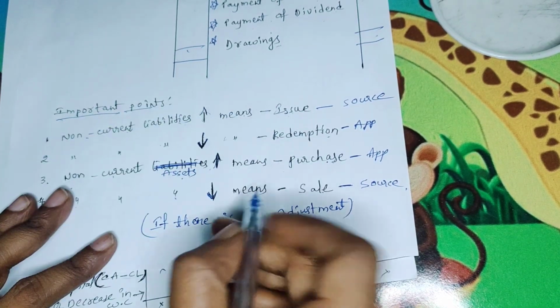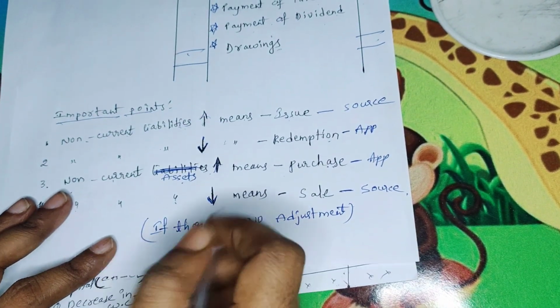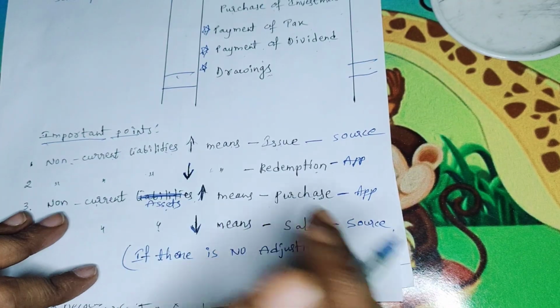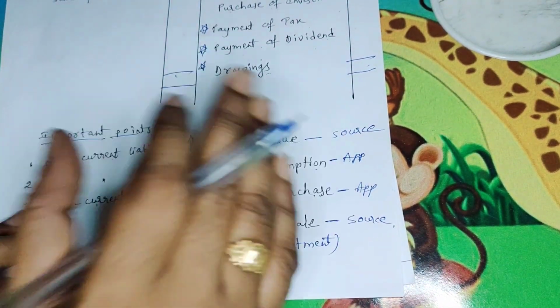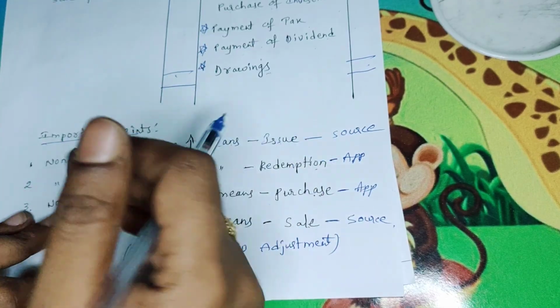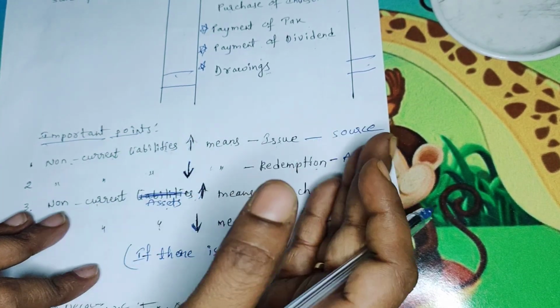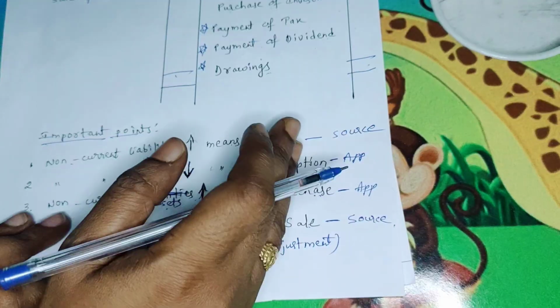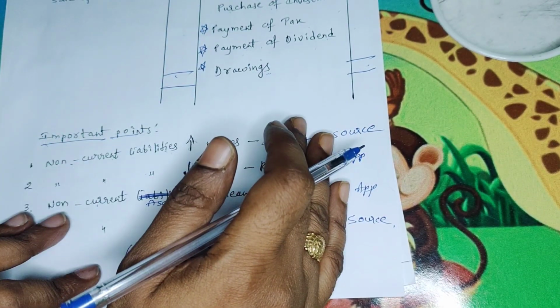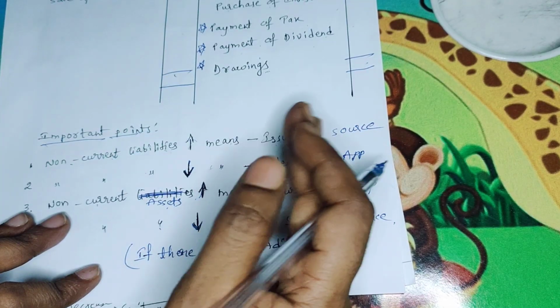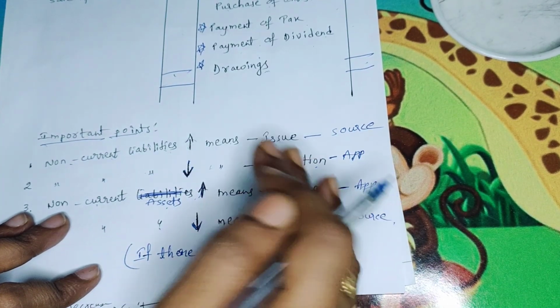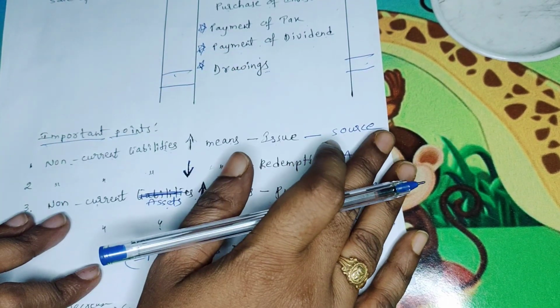Otherwise you need to check in the working notes. If you have adjustments regarding the assets and liabilities, you need to do the working notes. In that working notes, you will get sale or purchase of fixed asset. According to that only you need to post. If there are no working notes, just check the increase or decrease in the asset. According to that you need to post.